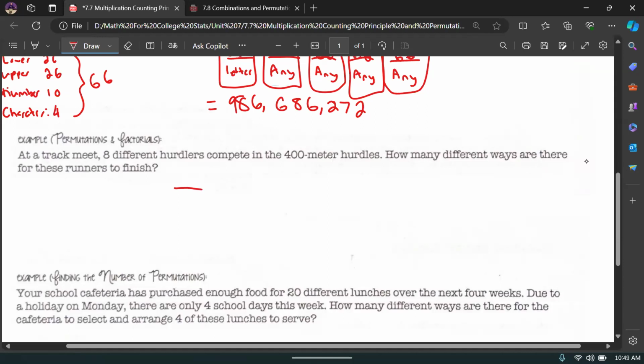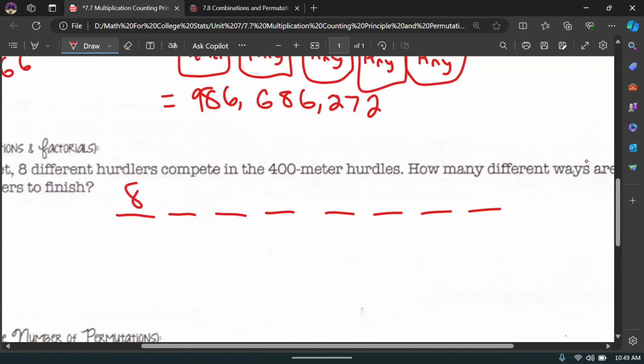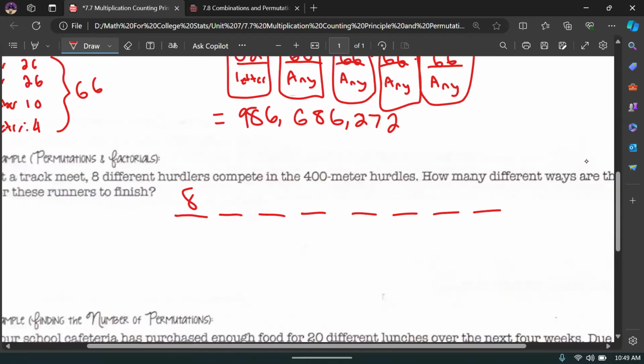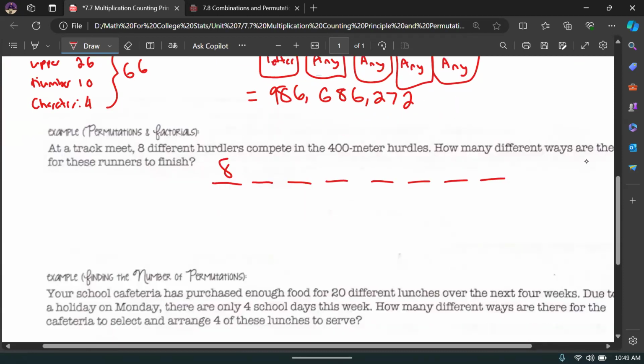Again, think about the slot method. So 8 positions: 1, 2, 3, 4, 5, 6, 7, 8. Let's talk about first place. For the first place finisher, there could be 8 different people. Now think about this though.